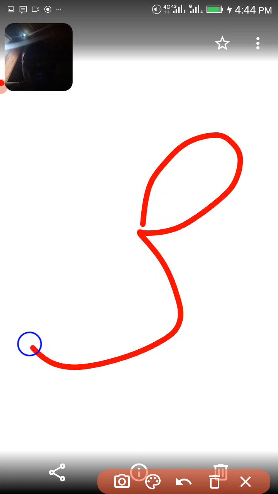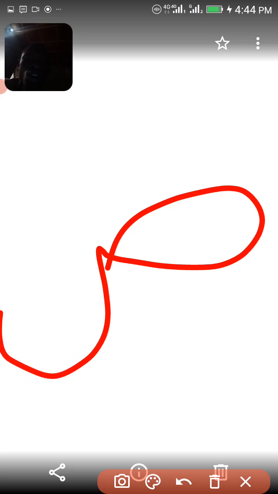Likewise, this one is bodun. I'm sorry, let me write it for us. Bodun. There is no language in the world that has this alphabet, that is bodun.